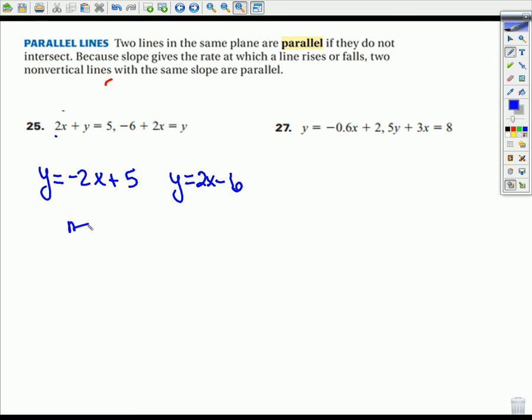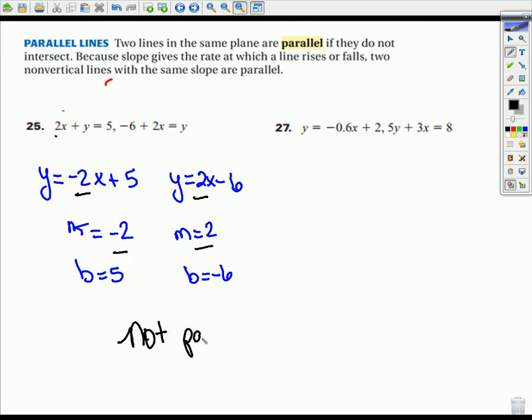So my slope here equals negative 2 with a y-intercept of 5. My slope here is a positive 2 with a y-intercept of negative 6. The slopes are not the same, so they're not parallel.